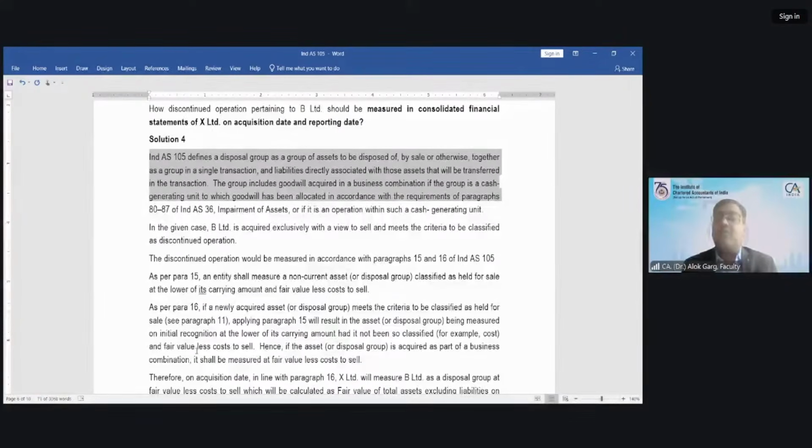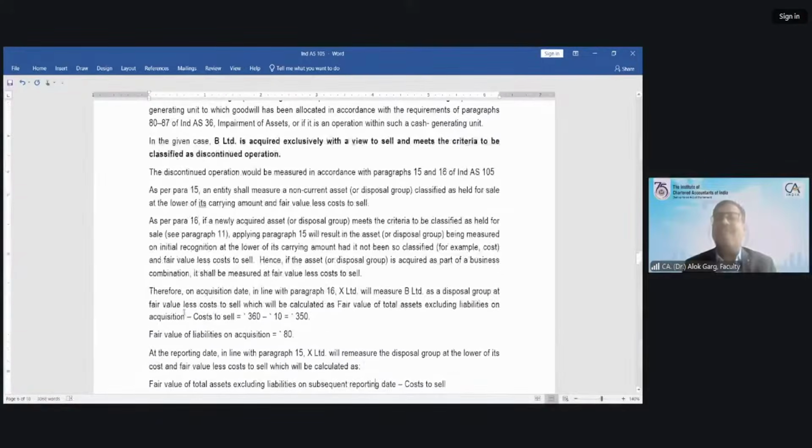This group includes goodwill acquired in a business combination if the group is a cash generating unit to which goodwill has been allocated, or if it is an operation within such a cash generating unit. In the given case, B Limited is acquired exclusively with a view to resale and meets the criteria to be classified as discontinued operations. It would be measured in accordance with the measurement paragraph of Ind AS 105.